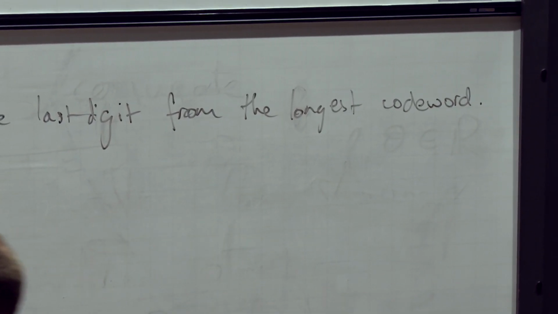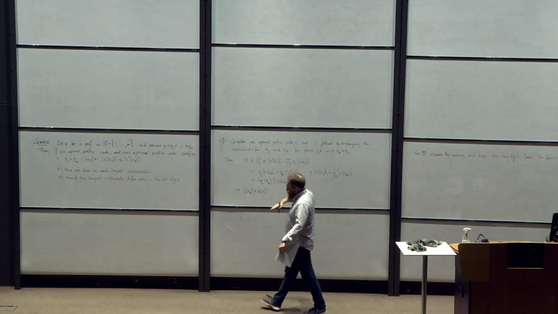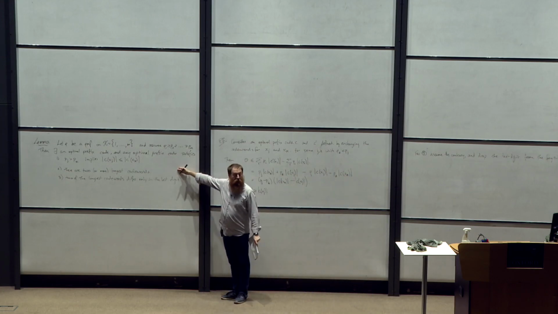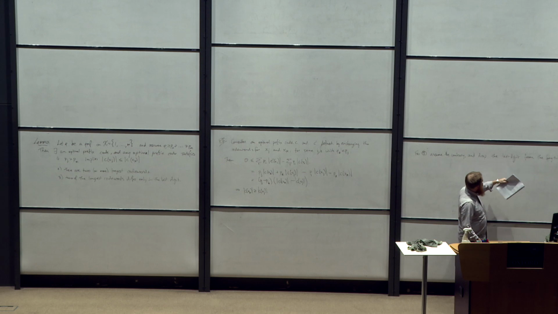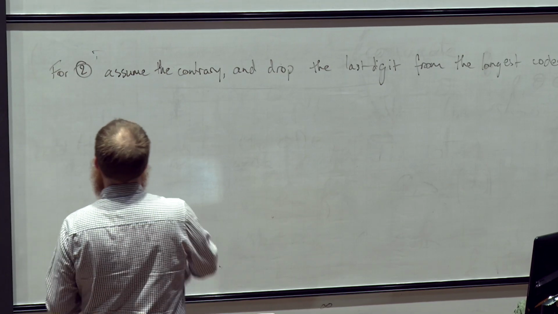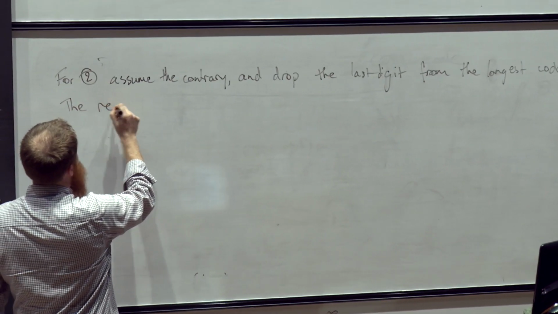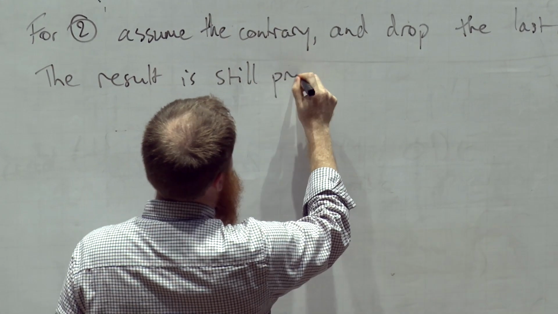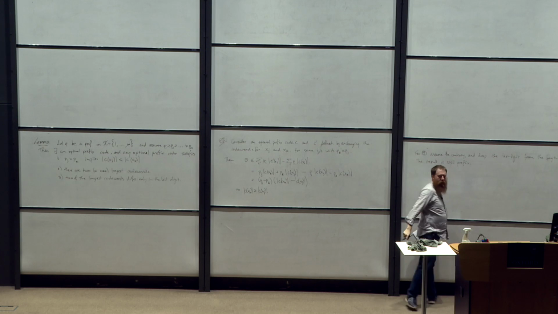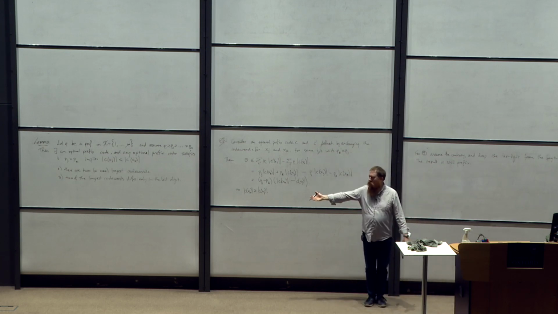So if there is a unique longest code word, then I can identify it and I can just drop the final digit from it. That makes it shorter. But if I do that, then, hang on, the result is still prefix, because it was a unique code word that I have, and the code was prefix.